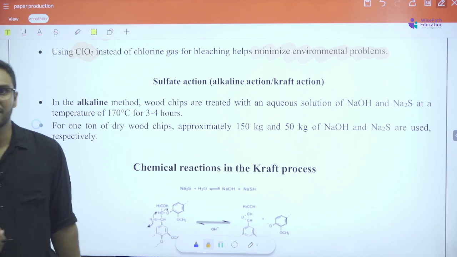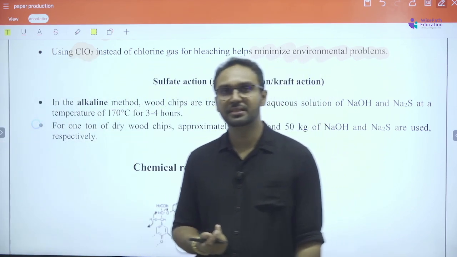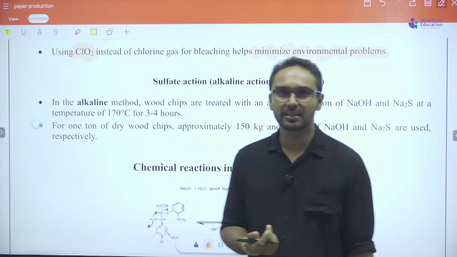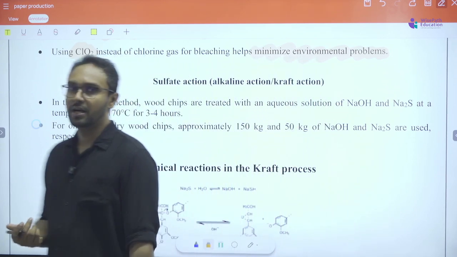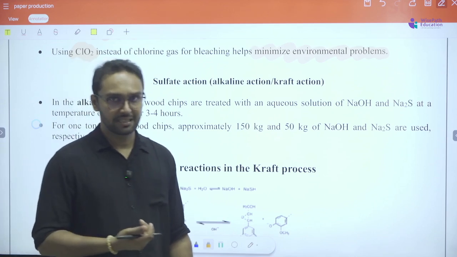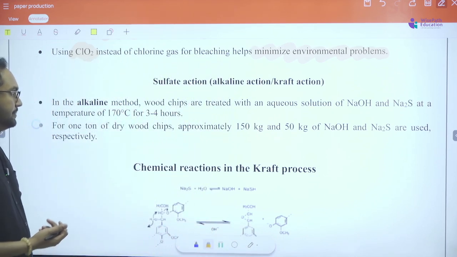So those have to be removed in order to make the pulp, because those resins will add some color to the pulp, and you have to bleach them. Those colors you have to remove. That is why you're bleaching them.